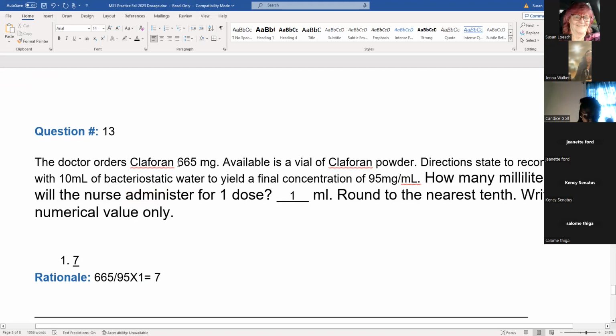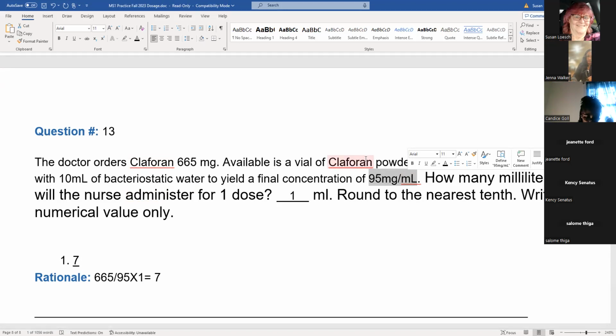Here's your desired dose. And this is what you have on hand, your final concentration. So everybody able to get 7? Yes.